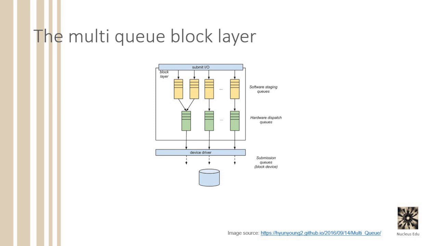There are a number of variations here. Let's suppose the number of software queues is more than the number of hardware queues. Then more than one gets allotted to the same hardware queue. If there are more hardware queues than software queues, then a round robin order is followed, and if they're equal, then there is a one to one mapping.